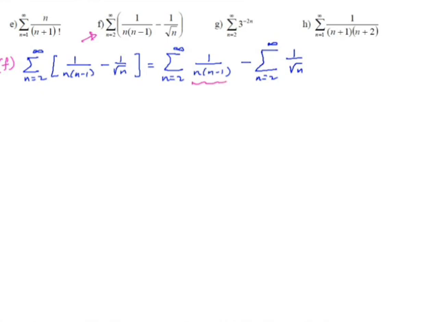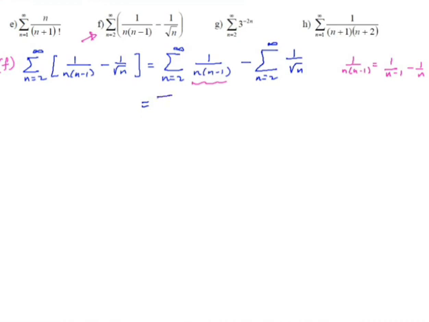We have to write this into partial fractions: 1 over n times (n minus 1) is 1 over (n minus 1) minus 1 over n. Okay, so we work on them separately.